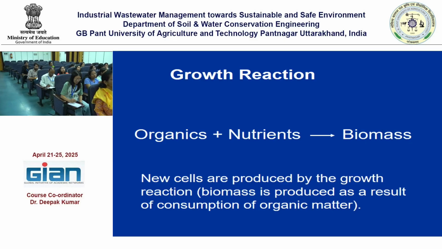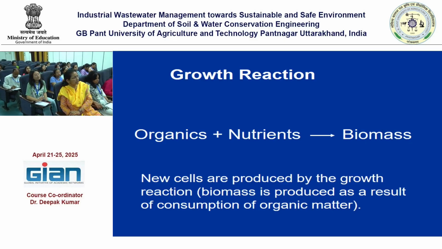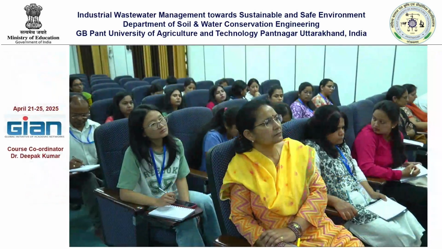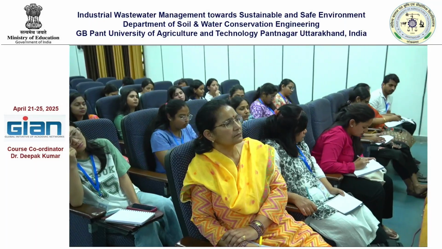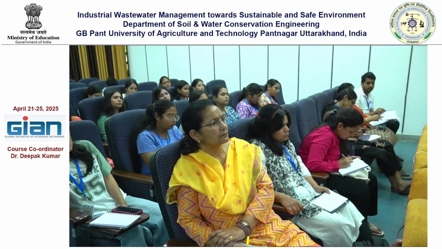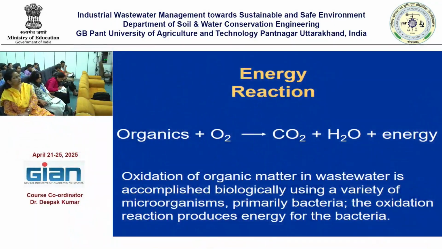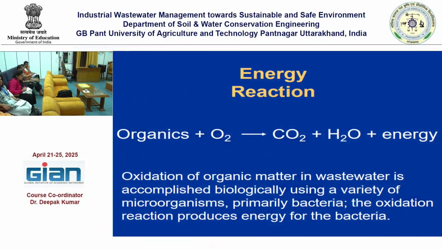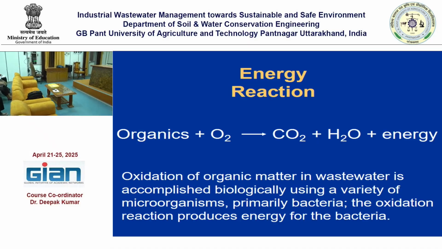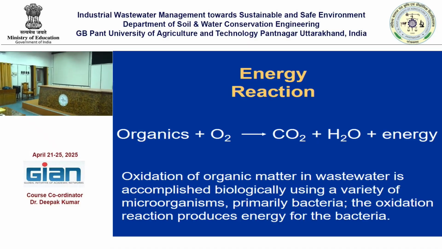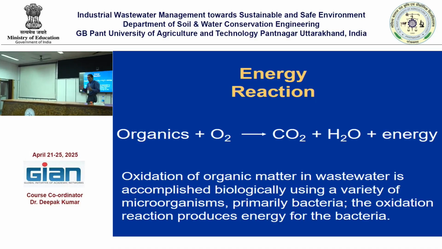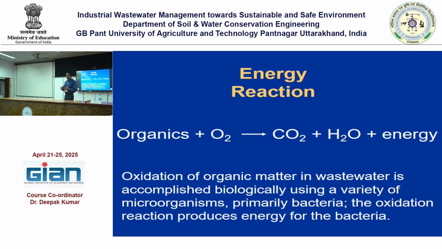You have seen this, but our outlook is different here. Why are we doing this? Oxidation of organic matter in wastewater is accomplished biologically using a variety of microorganisms, primarily bacteria. The oxidation reaction produces energy for that. Correct. But we have different ways of treating.